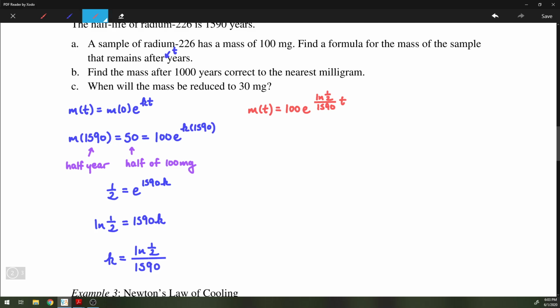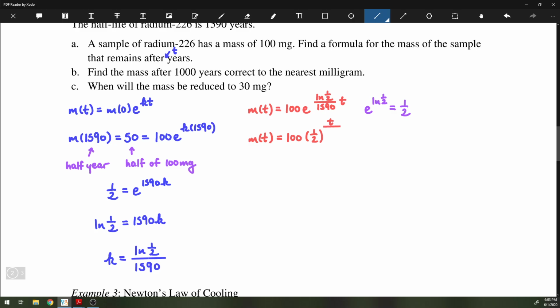Notice that, and this is important, e to the ln 1/2 would actually just be 1/2. So we can rewrite this equation as m of t is equal to 100 times 1/2 as the base, to the power t over 1590.